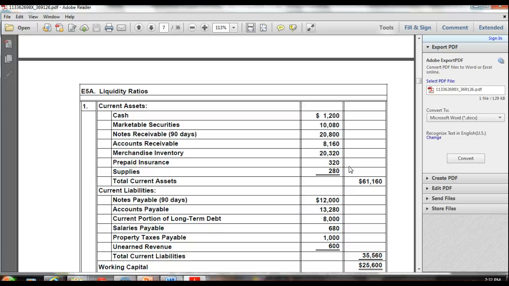Now the key to knowing these ratios is to know what a current asset is. Okay? So what we go over here in class is the only thing you'll be tested on. Then we also need to know what the current liabilities are.